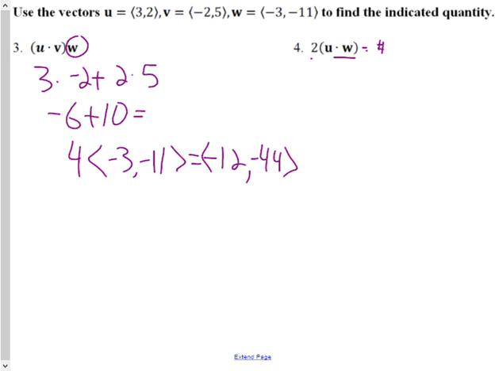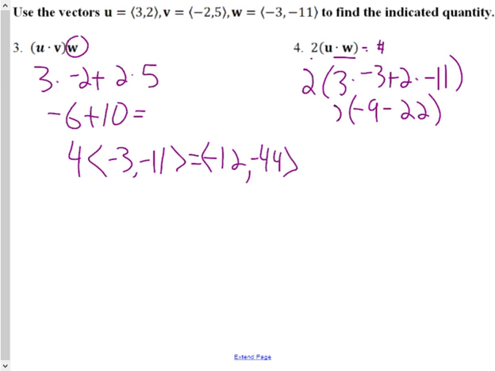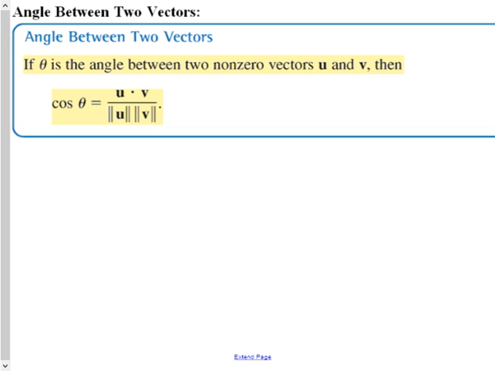Next one, 2 times the dot product of u and w. 3 times negative 3 plus 2 times negative 11 gives us negative 9 minus 22. 2 still on the outside gives us 2 times negative 31, which is negative 62. So a number, and then on the left side we had a vector left over. The more math you do involving dot products and vectors, the more understanding you will have of what type of answer to expect from dot products and vectors.